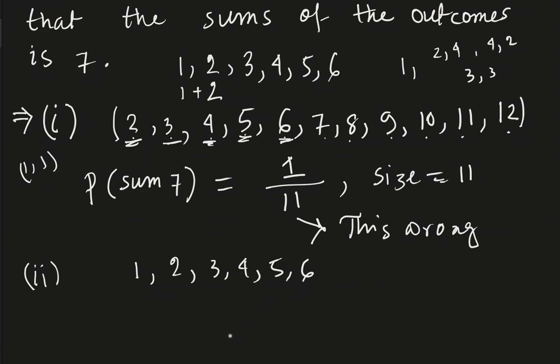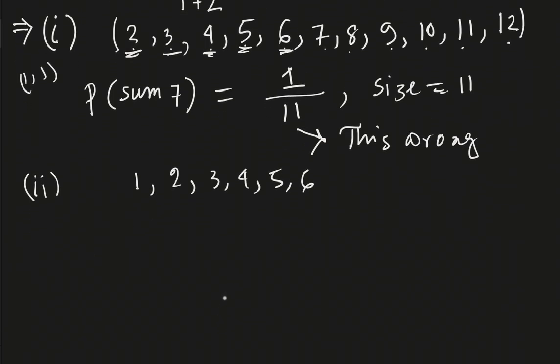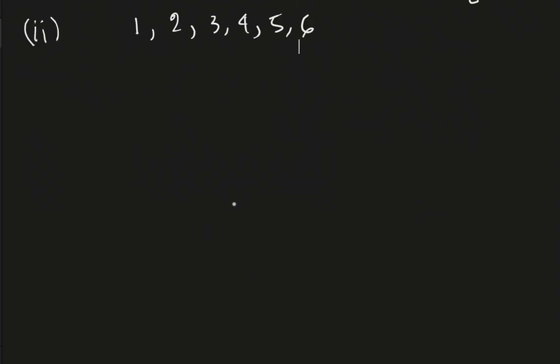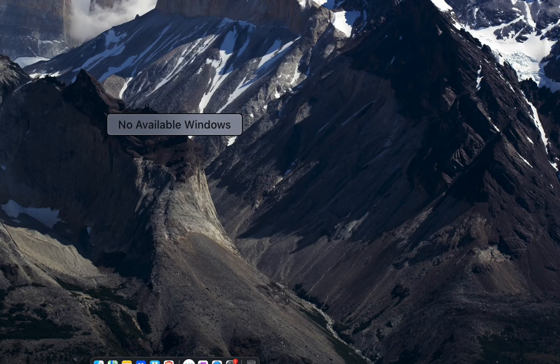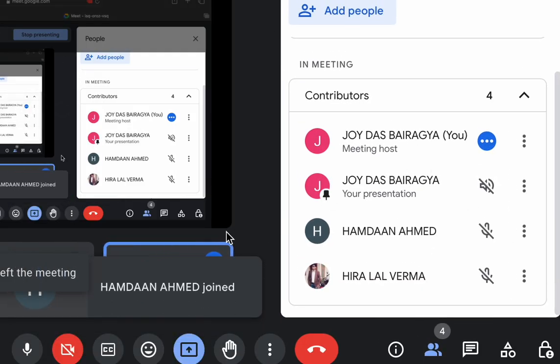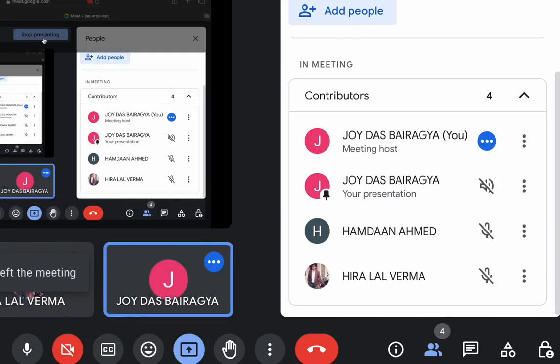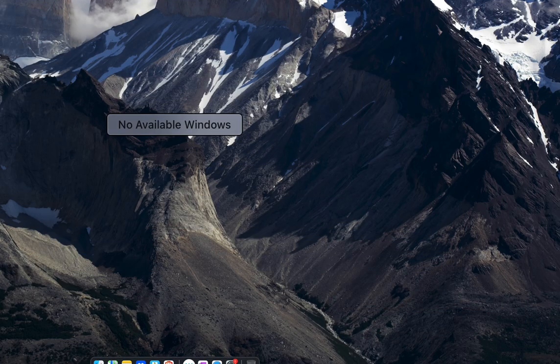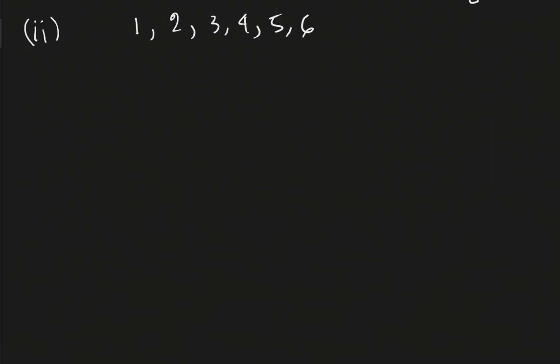But if we roll 2 dice simultaneously, what are the possible events which are equally likely?